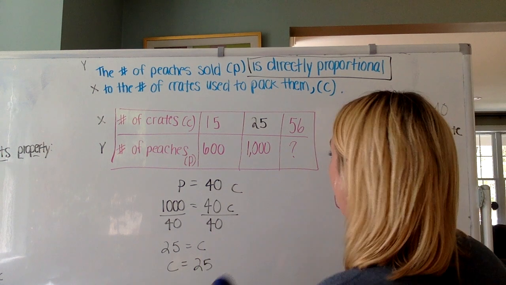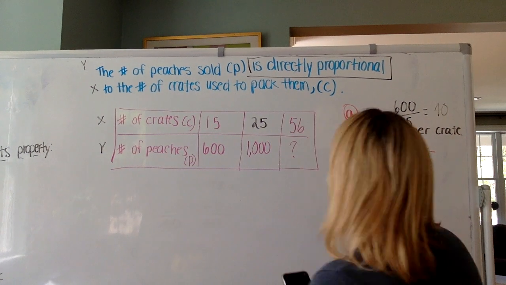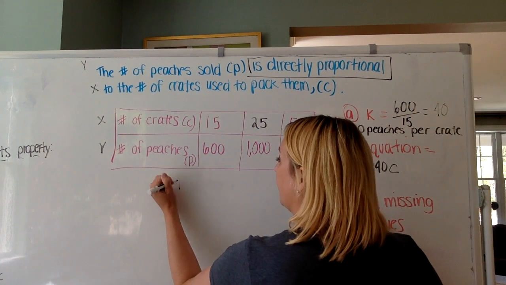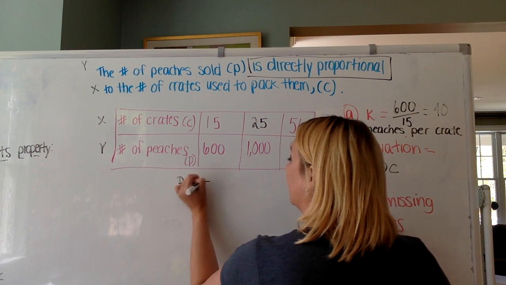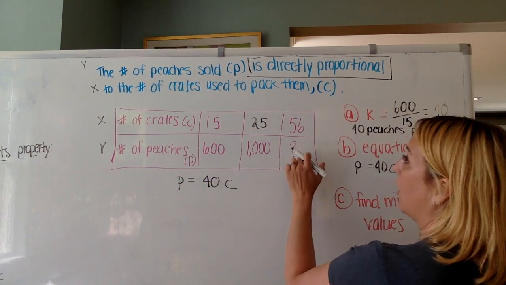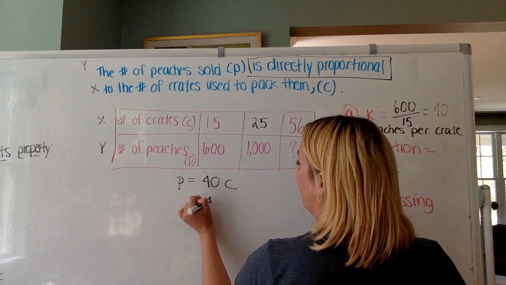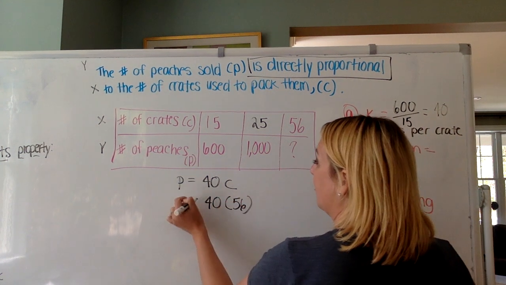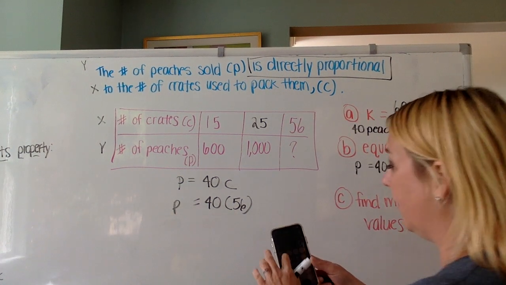And then the last one, we're still using our same formula, P equals 40C. We know our number of crates, so we plug in that value of 56, but we don't know our number of peaches.